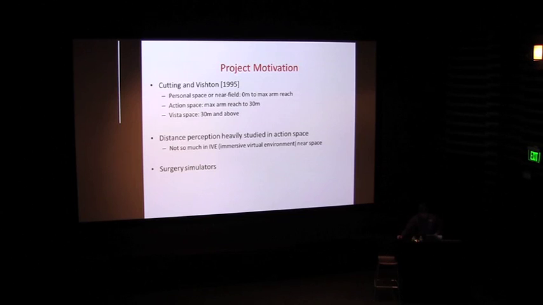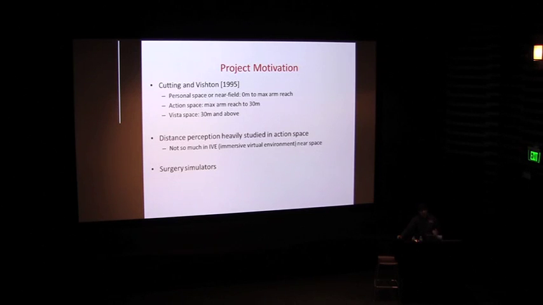A lot of our research is motivated by the psychology literature. If you look at the psych literature, when it comes to how people use the space around them, there is a classification of space into 3 different categories. Think of personal or near field as from the location of where your eyes are, where you're viewing objects, to about your maximum arm reach, which might be a little less than a meter.